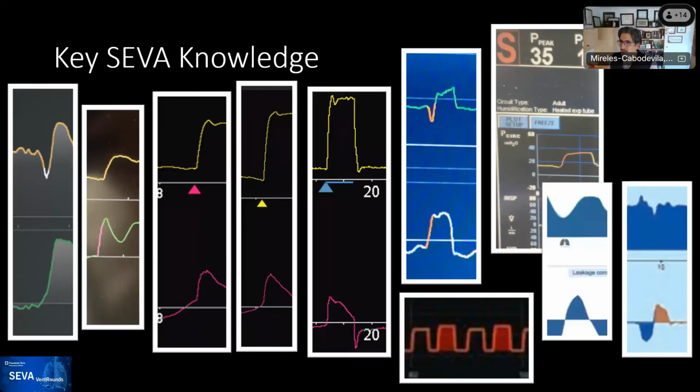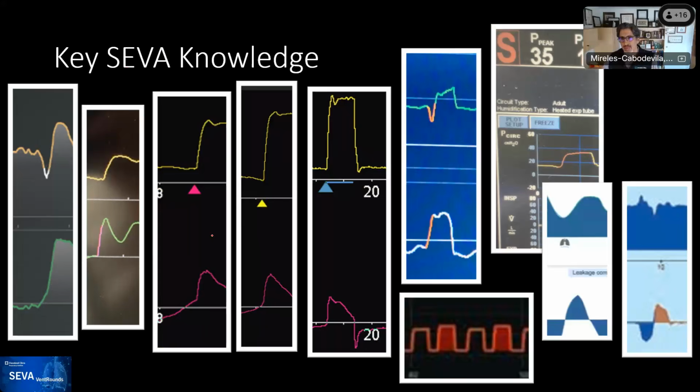So I made this collage today talking about how ventilators tell us that the patient is triggering. In classic teachings of mechanical ventilation and in many of the graphs that come in books, they will highlight that we recognize that the patient is triggering by a dip in the pressure waveform.